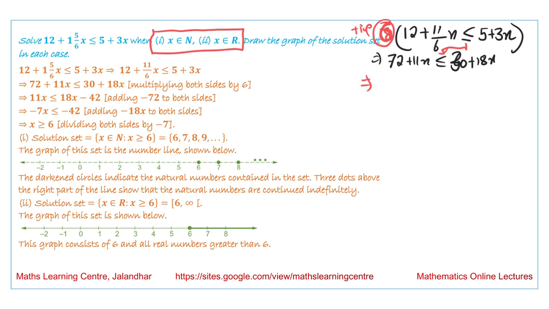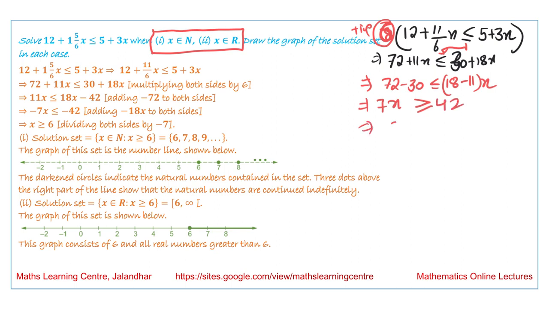So this implies 72 minus 30 is less than or equal to 18x minus 11x. So this gives us the value of x: 7x is greater than or equal to 42.